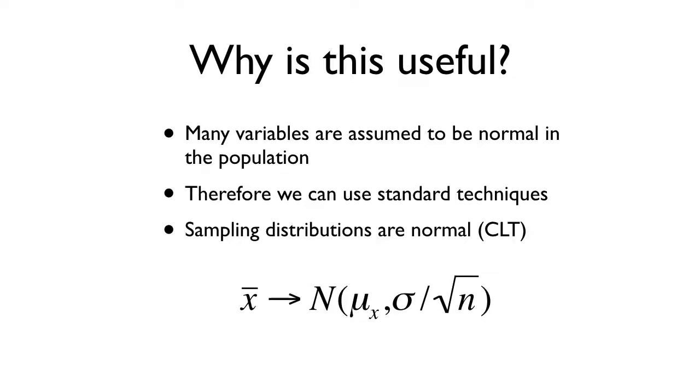So, what this is saying, first of all, is it's normal. It's going to have a mean of mu sub x, which is what we have here, 5. And it's going to have a variance of sigma squared over n, or a standard deviation of sigma over the square root of n. I'm not going to go through working out the sigmas right now.